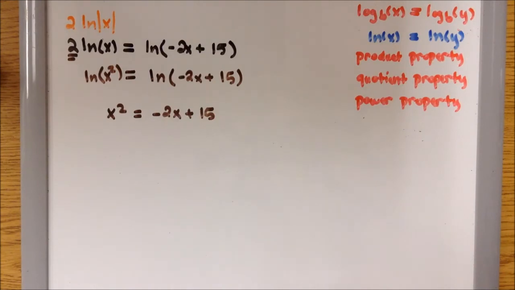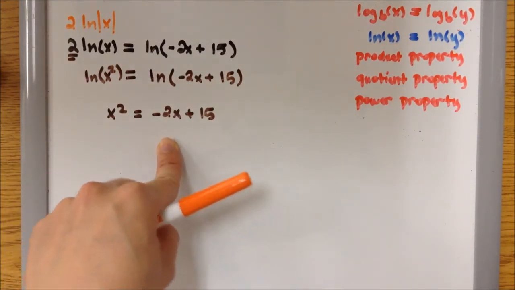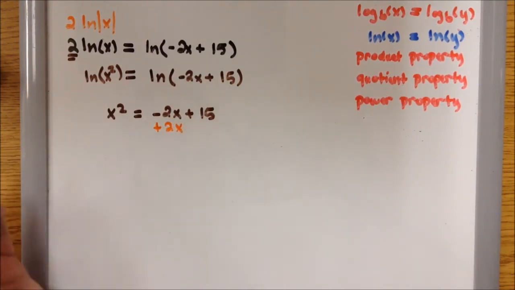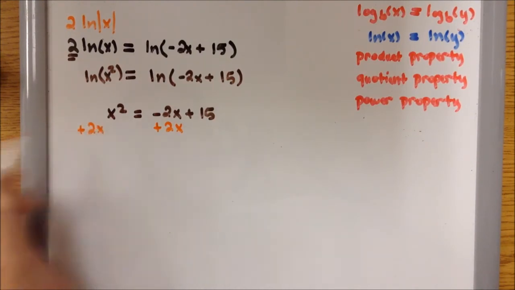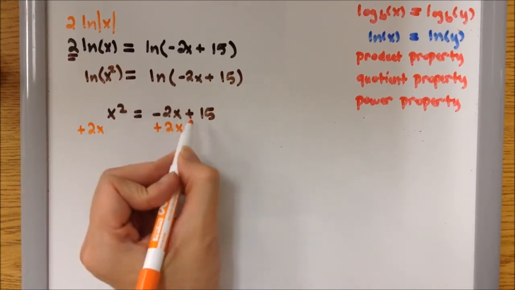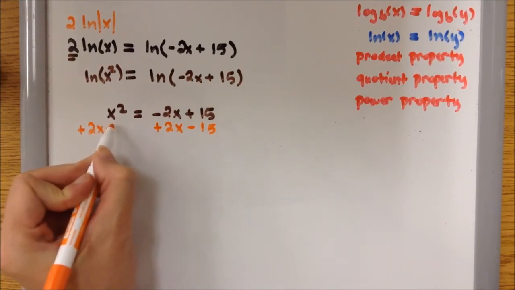So on my right side, I want to get rid of the negative 2x. What's opposite of negative 2x is plus 2x. What I do on the right, I've got to do on the left, plus 2x. I also have to get rid of the positive 15. So the opposite of positive 15 is minus 15, so minus 15.